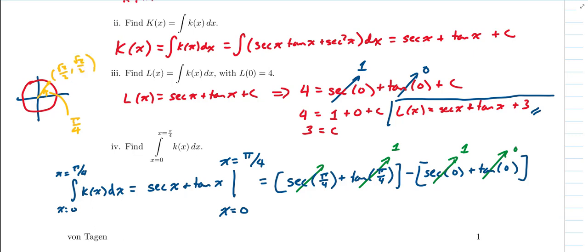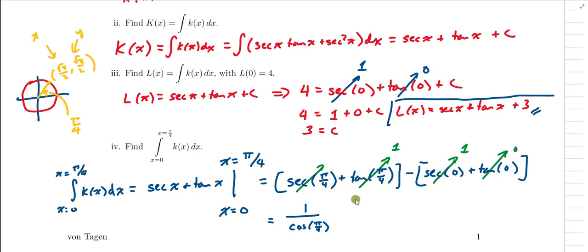Remember that my y coordinate goes with sine, and my x coordinate goes with cosine. But remember that the secant is 1 over the cosine value. So this is equal to 1 over the cosine of pi over 4.